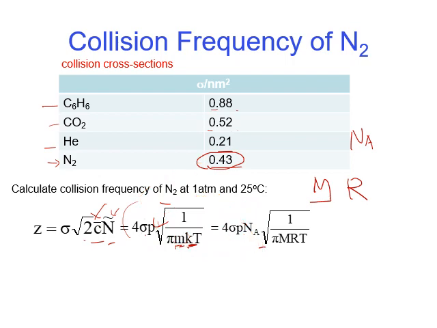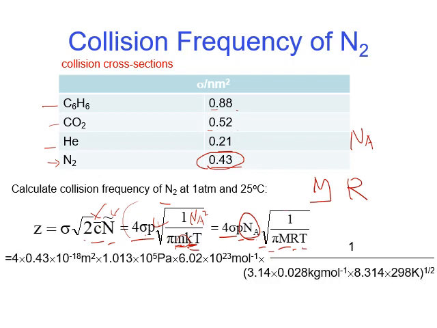So we have 4 times cross-section area times pressure, that comes from here, times Avogadro's number, because remember it's Avogadro's number squared under the root. So now you get Avogadro's number, and square root of pi, small m becomes molar mass, big M, k becomes the gas constant, and temperature. So plug in all the data.